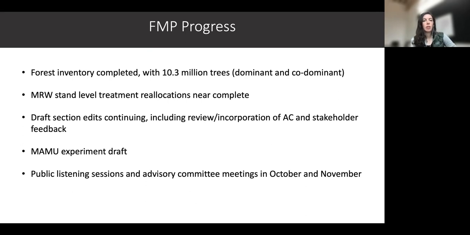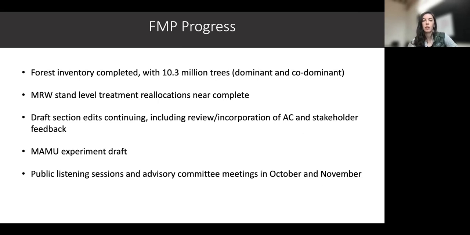Checking in on another piece that we had discussed at the last meeting of this group, as well as the advisory committee meeting in September. Back in August, we put together some proposed stand-level treatment reallocations with a criteria and process, and presented that to this group and had a discussion about how the criteria were being applied.